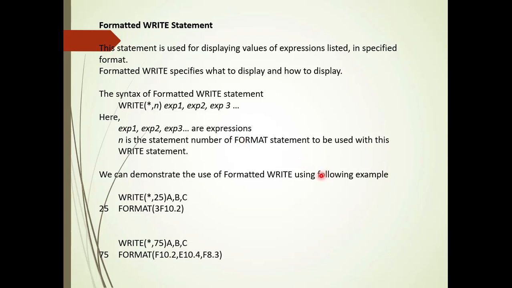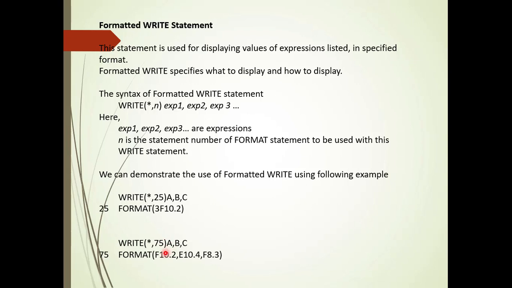N is the statement number of the format statement to be used with this write statement. If you look at the example here, write star comma 25, it is the statement number where we have to write the format statement. Now what is to be written here? A, B and C all three have decimal values, so it is the 3 repetition factor, and 10 spaces are allotted for each of A, B, C. Similarly, write star comma 25, where you want to display different values.